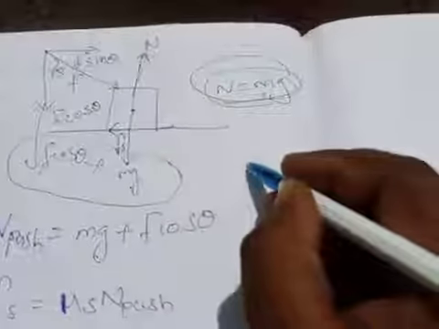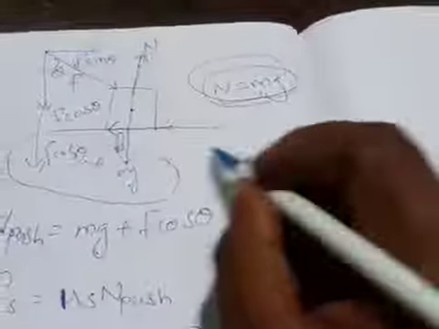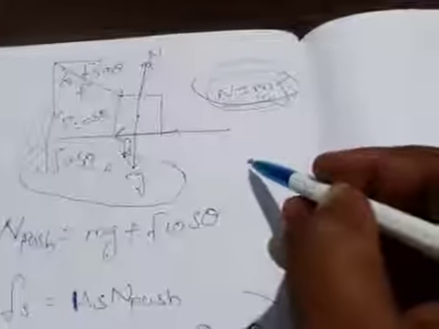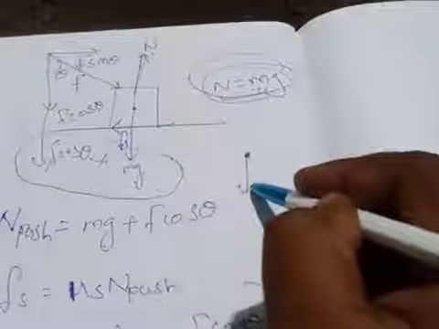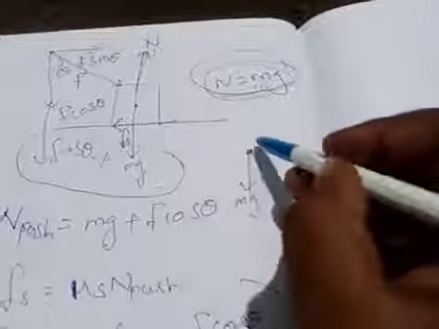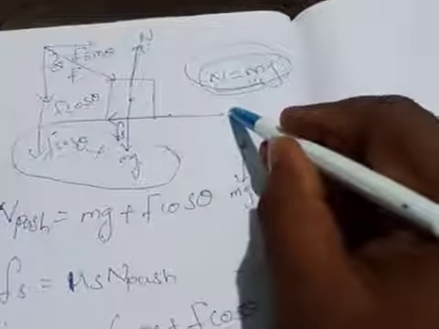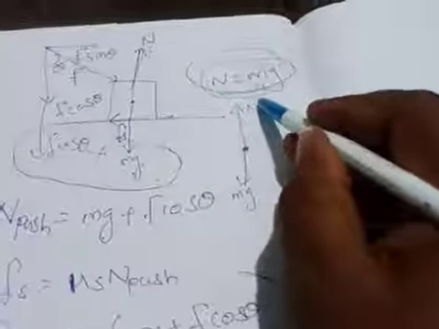So this is about pushing and pulling, and you can draw the free body diagram as well. For this free body diagram, this is a block. This block I am putting as a point mass. Downward there is mg, upward the normal force.